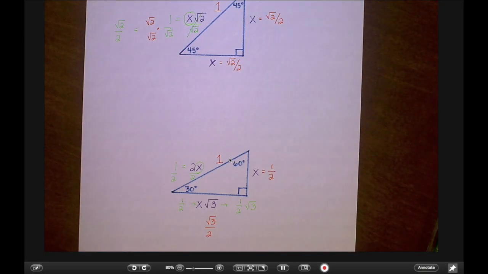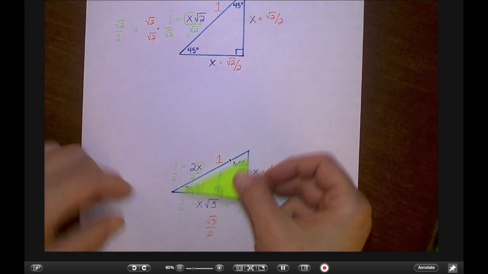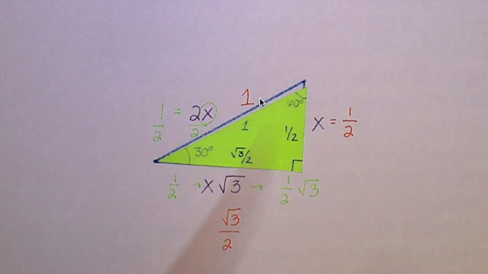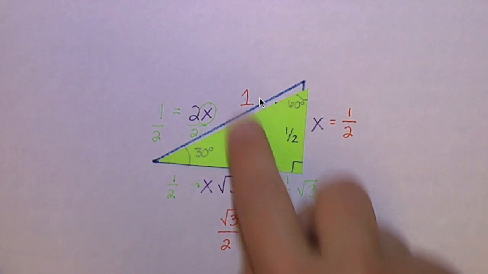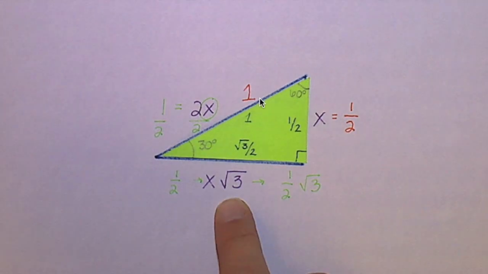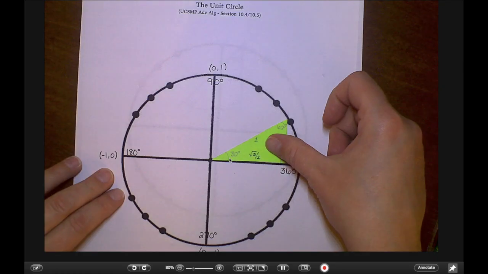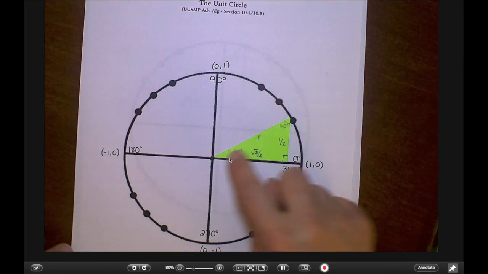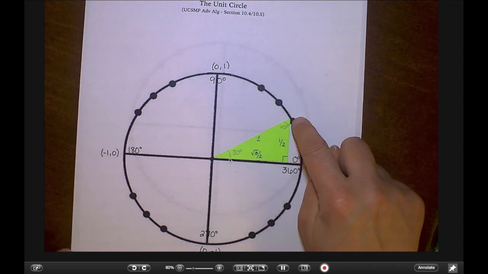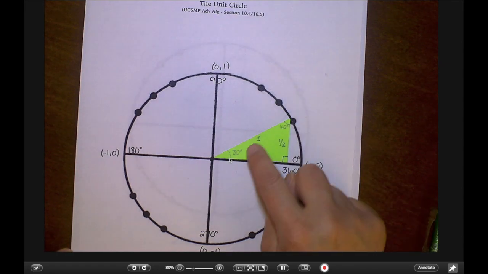So what I'm going to do is I'm going to take this 30, 60, 90 triangle here, okay, with these side lengths labeled. So you see the 1, you see the 1/2, and you see the square root of 3 over 2. And I'm going to put that on our unit circle. Okay, so I'm going to put that right here. So again, that radius, the length from here out to the outside of the circle, has a length of 1.